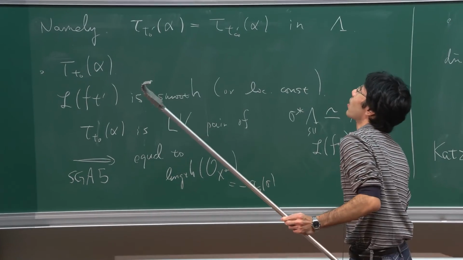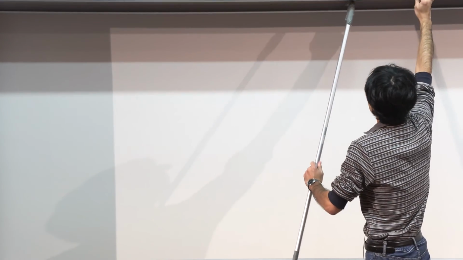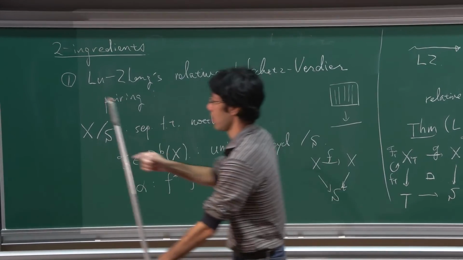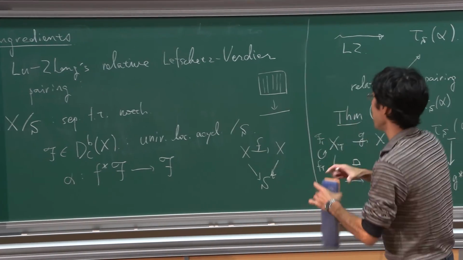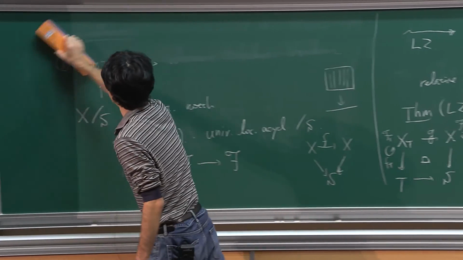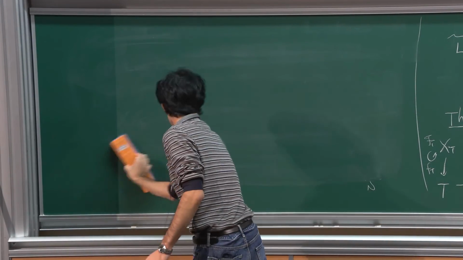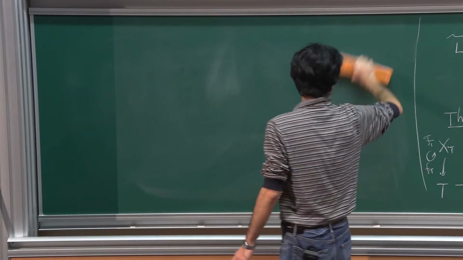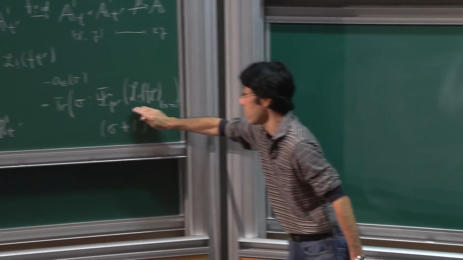I'm not going to talk about the detail of this part, but the original conjecture of Kato and Saito that induces this Serre's conjecture is in fact of a slightly different form, namely they didn't use this sheaf.